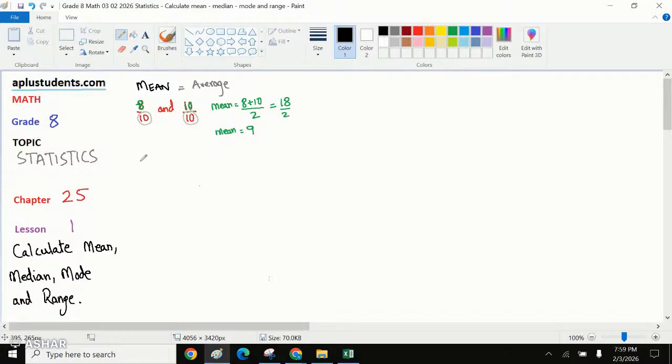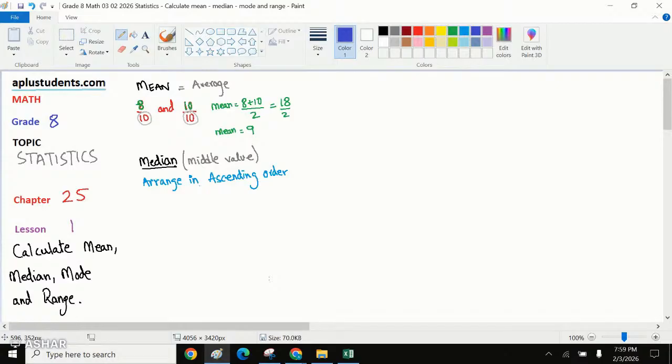Then we have the median. The meaning of median is the middle value. If some values are given, what we do is we arrange the values in ascending order. Ascending order means you need to ascend, that means you're going up.